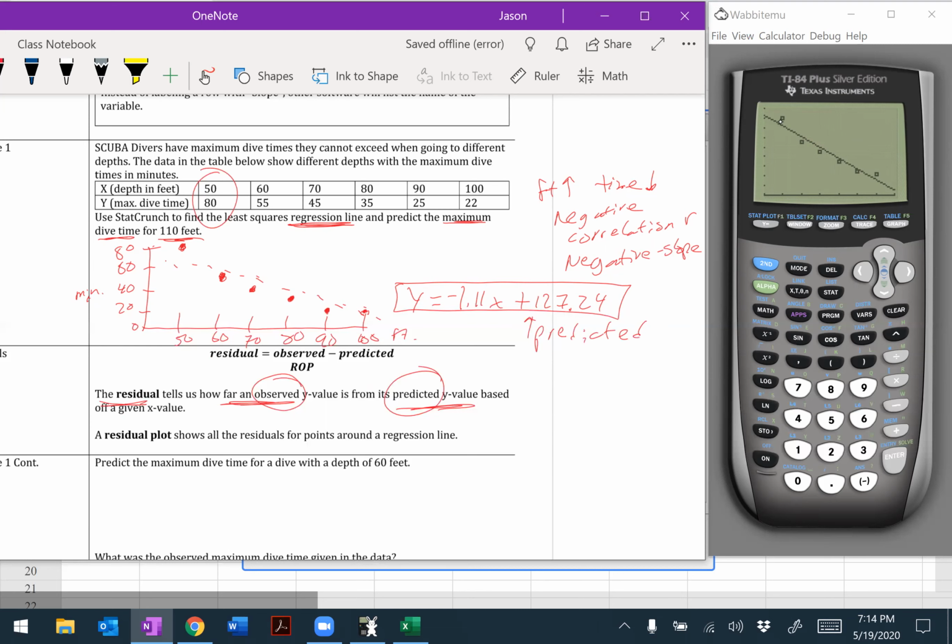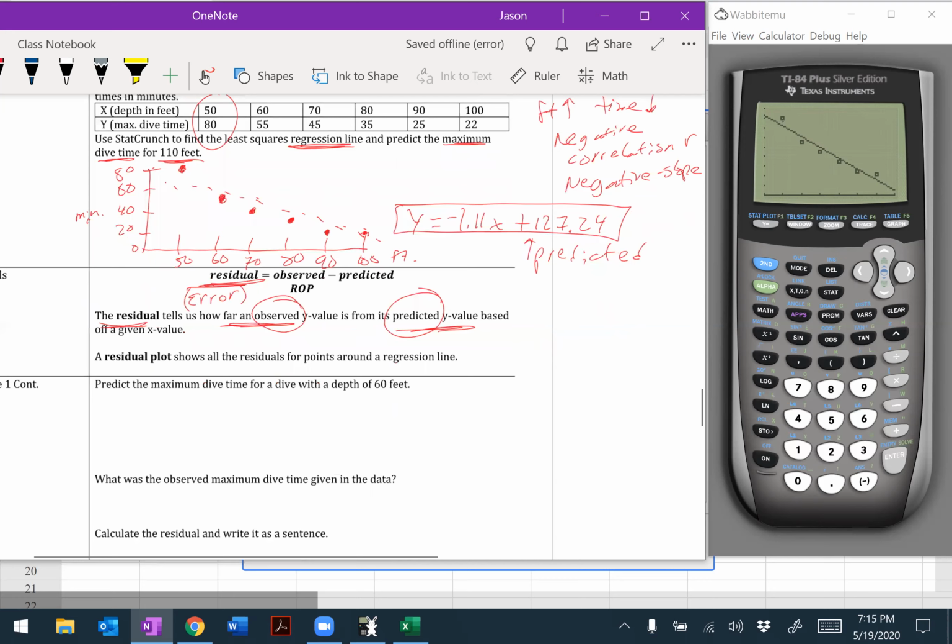The difference between the observed and the predicted is what we call the residual amount. It's kind of like the error. If you think of the residual as the error amount, it's the error from the observed to the line of best fit.